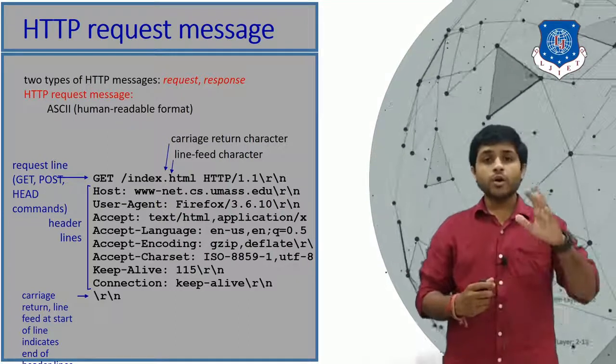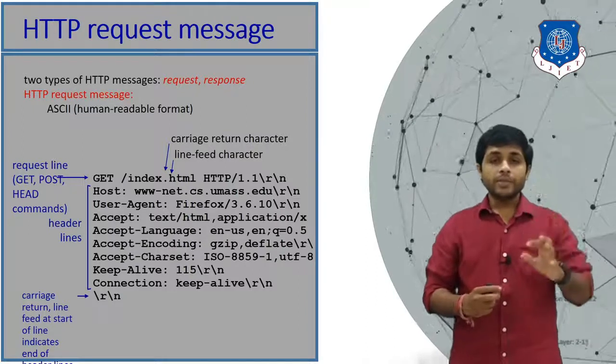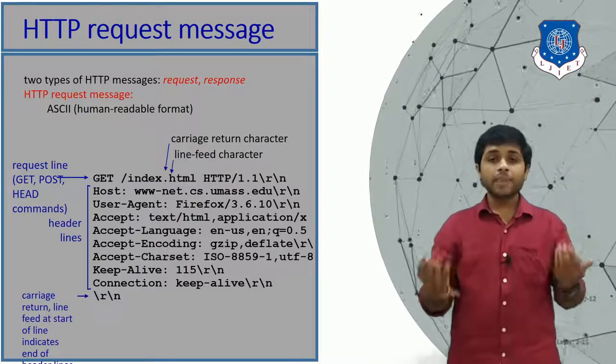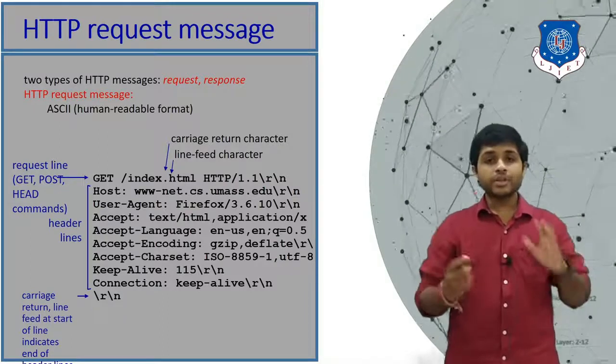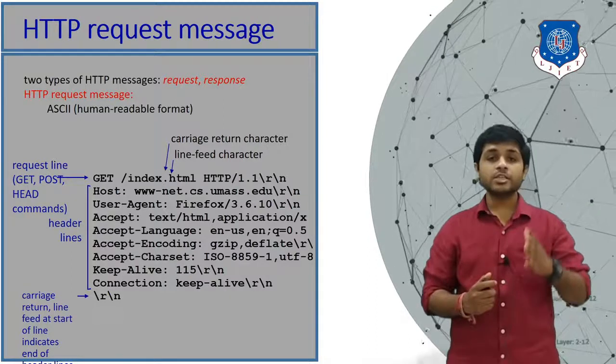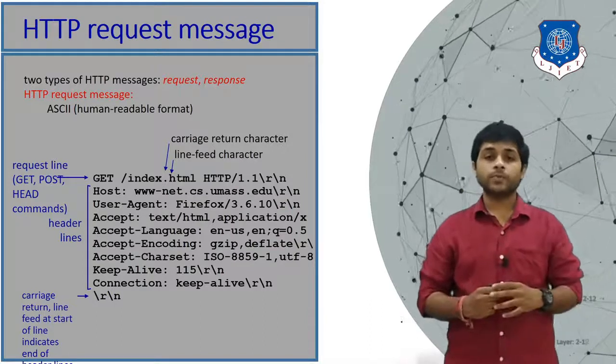So when you are opening any website, you are typing just www.google.com, right? But in the background, your browser is generating this request message, and this request message is sent over the TCP connection to the server.